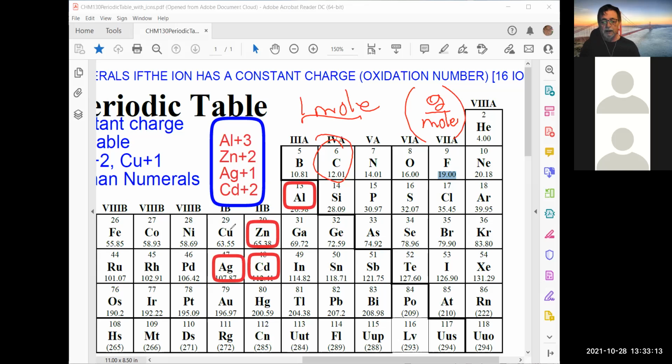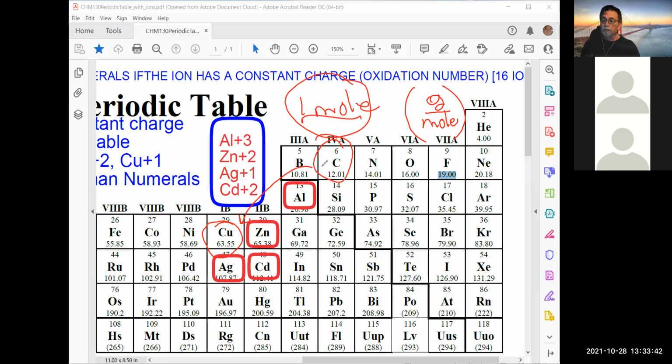If I go to the lab again and I weigh out 1 mole of copper, carbon is analogous to the small example, right? If I go to the copper example and I weigh out 1 mole of copper, I need to weigh out 63.55 grams. Obviously, this is the medium example. It's much bigger than carbon.